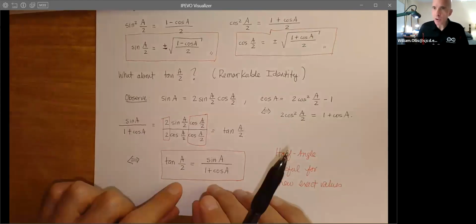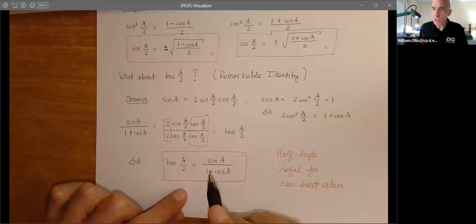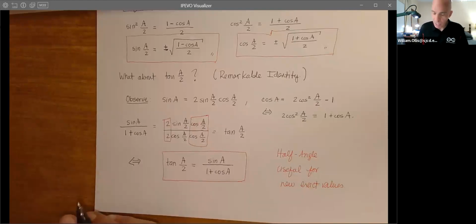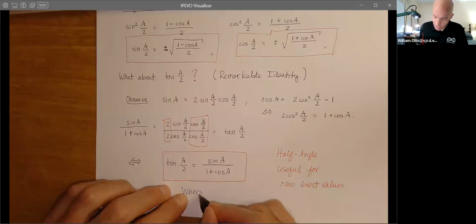That is truly remarkable. And this is the basis of the Weierstrass substitution in Calculus 2, which I will teach you if you take my class. If you make it to Cal 2, no, I'm just kidding. Of course you'll make it because you're going to work hard. This is the basis for the Weierstrass substitution.